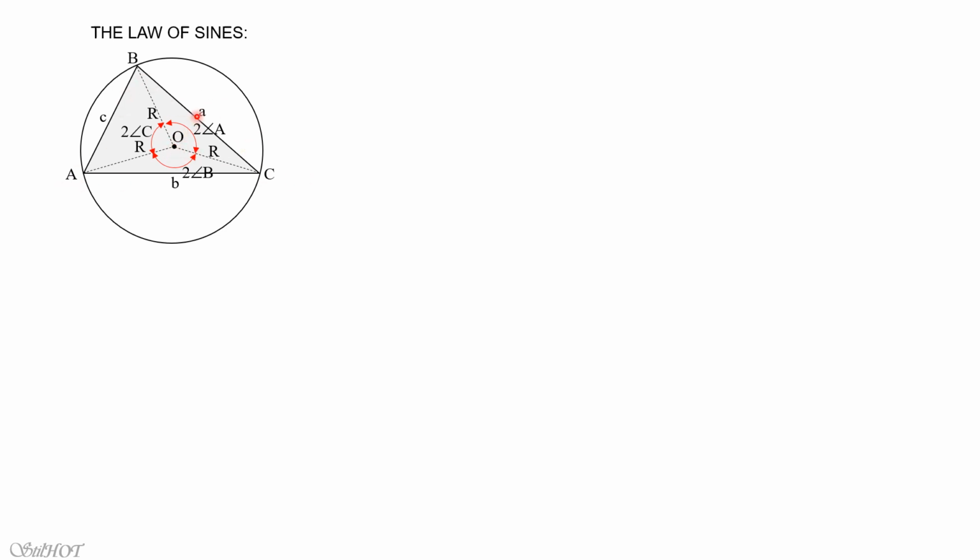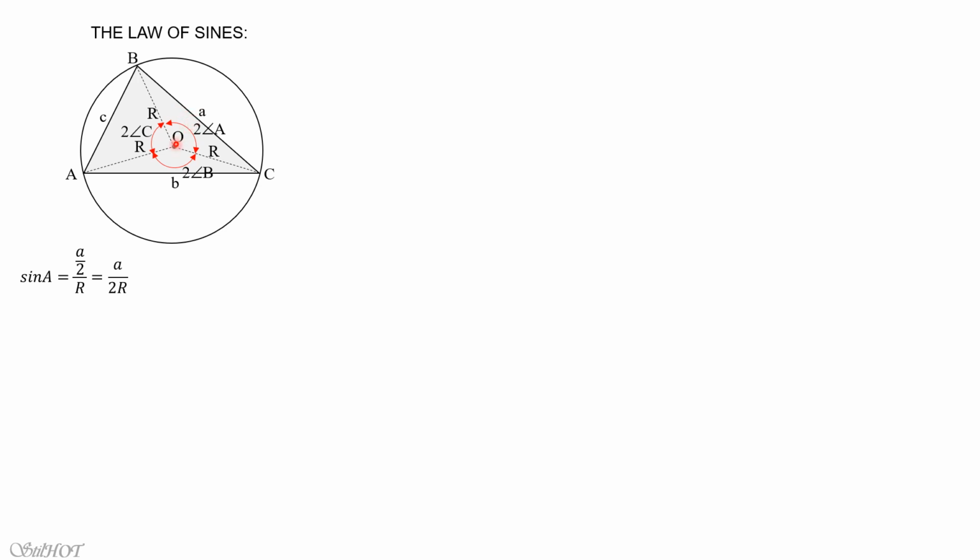So we have a right triangle, then the measure is half of 2 angle A, so angle A, and the opposite would be half of A. So A over 2 divided by the hypotenuse, which is the radius of the circumscribing circle. So sine angle A is equal to opposite A over 2.